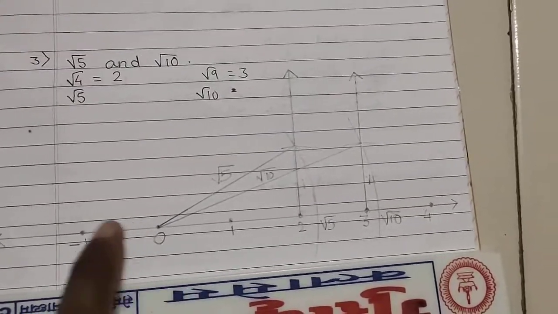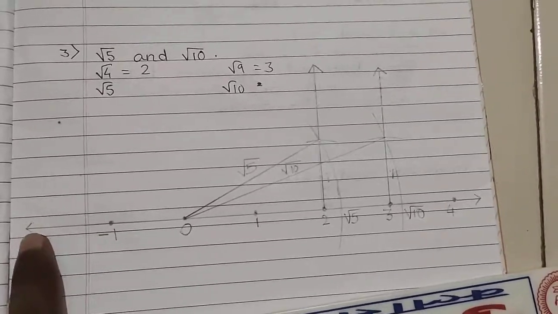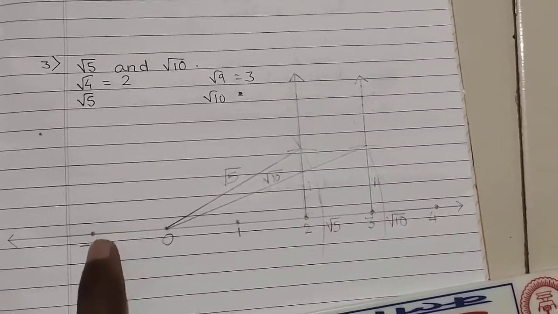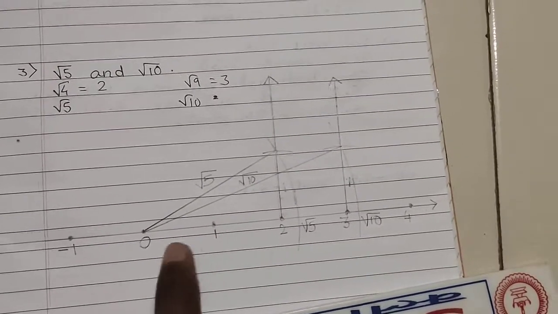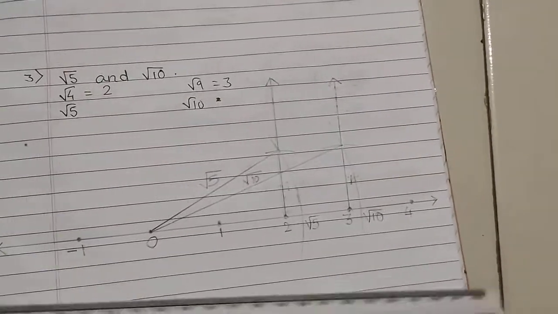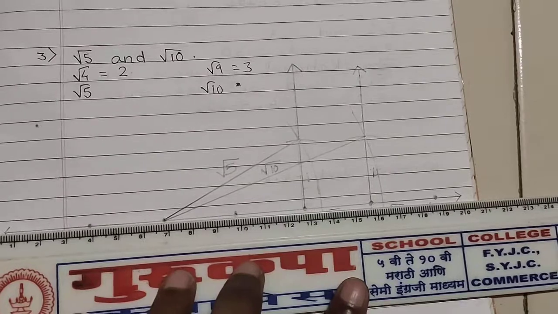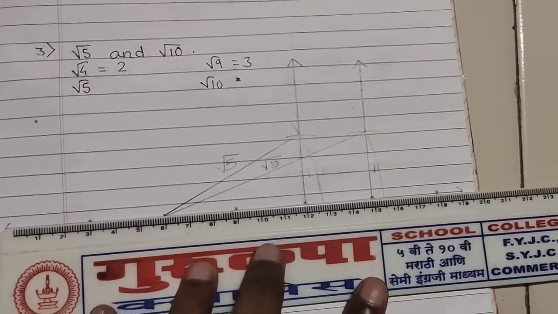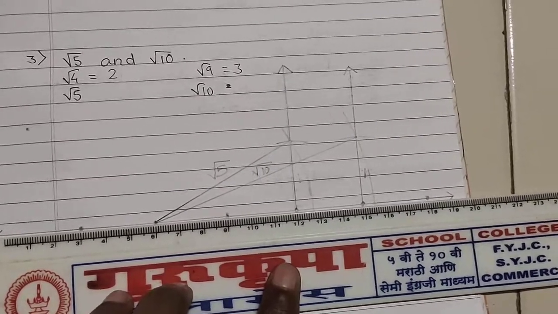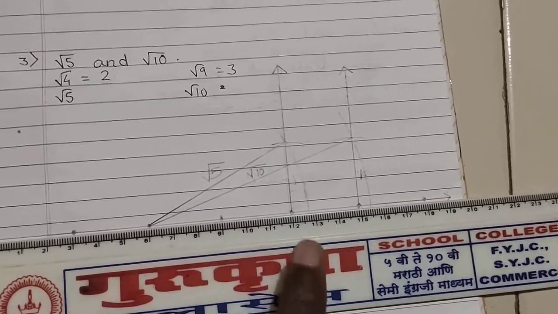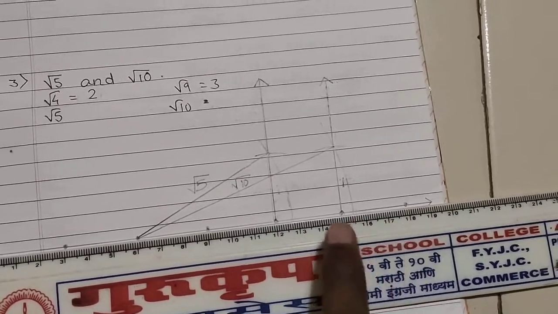Now see, I have already drawn a number line which you can see here. This is your line, and by using some points you can see first how to select points. You have to draw a line by using your scale, and after that you need to take 3 distance. First marking is at 3, then the next marking is at 6, then 9, then 12, then 15, then 18.